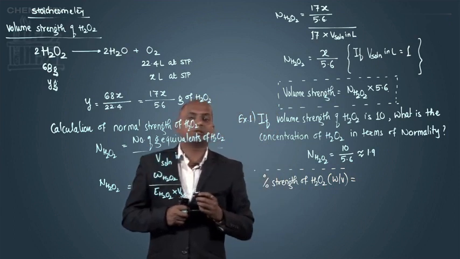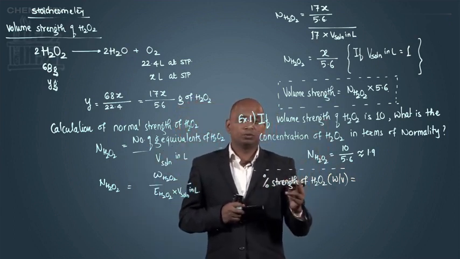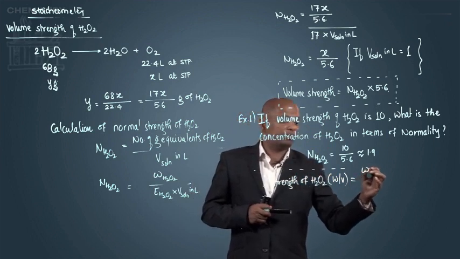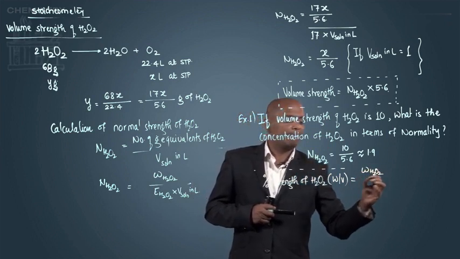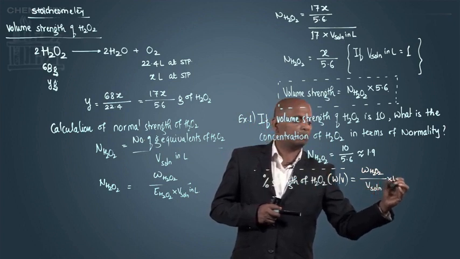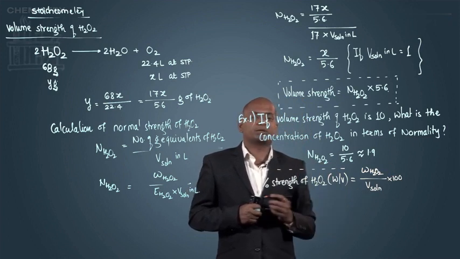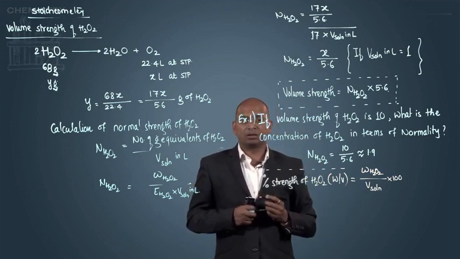So, what is the percentage strength? Percentage strength is equal to weight of H2O2 divided by total volume of solution multiplied by 100. Obviously, that volume of solution I am taking in milliliters now.